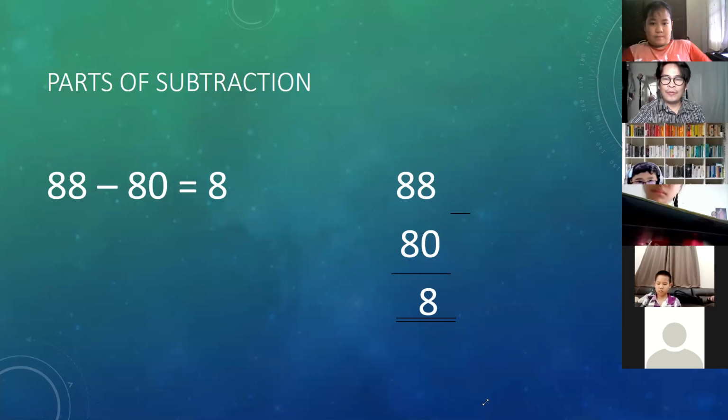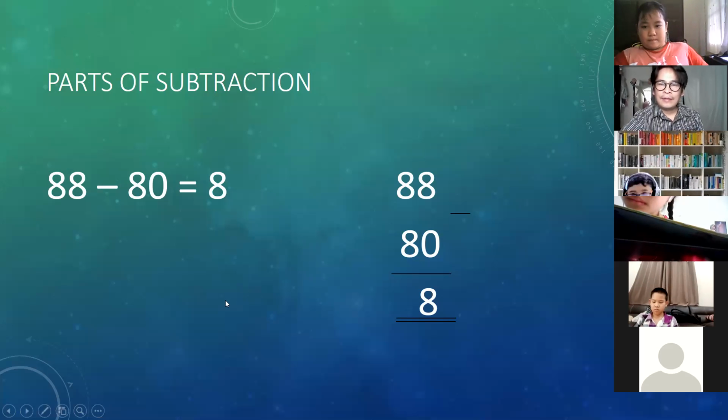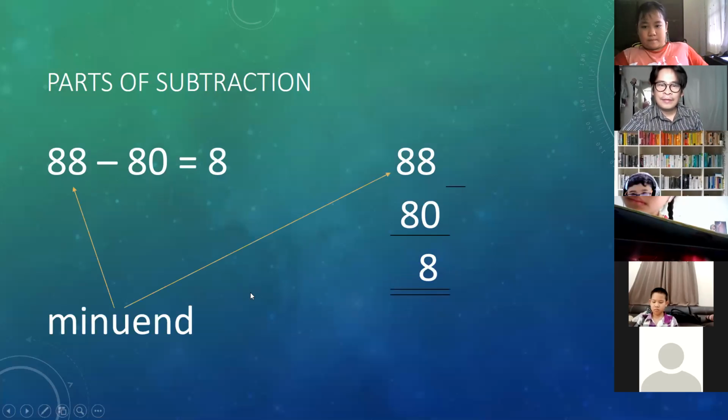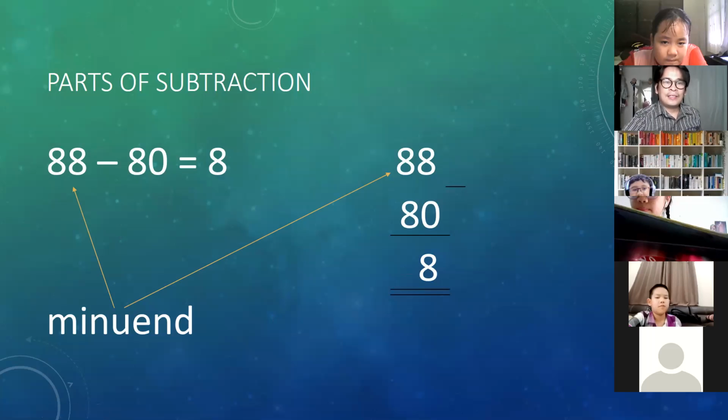Okay, since no one answers, again, please. Minuend. It's minuend. Okay, everybody say minuend. Minuend. Okay, very good. That's the biggest number in the equation. And what do you call number 80?